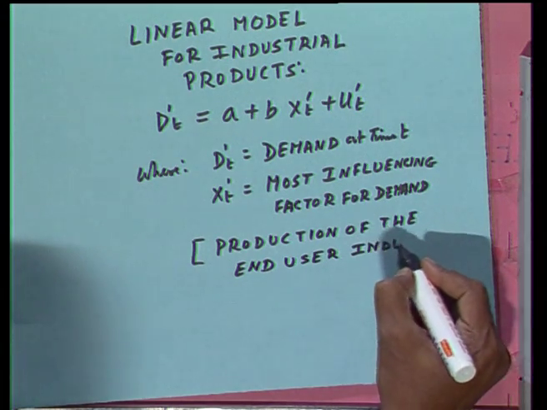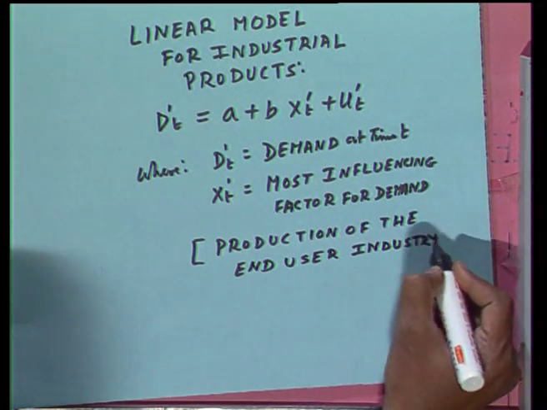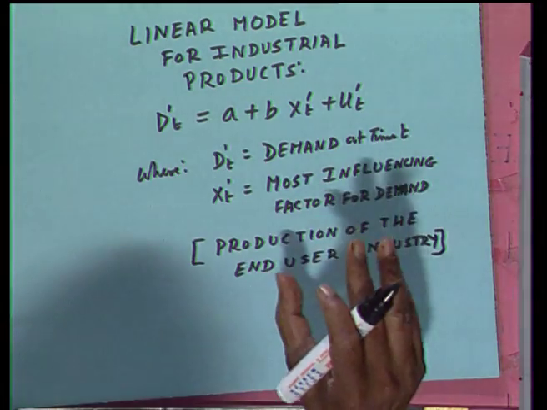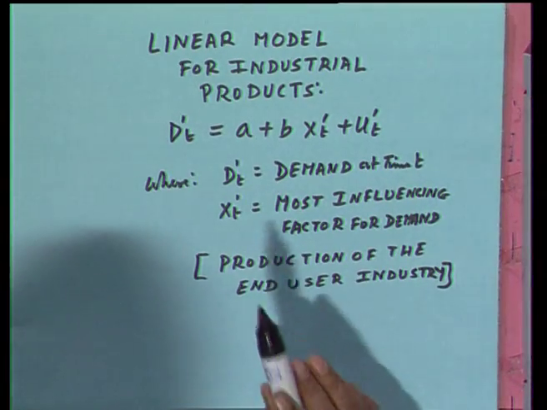In most of the cases, the production of the end user industry is the most influencing factor which influences the demand for an industrial product. So, xt prime in most of the cases takes the shape of the production of the end user industry.